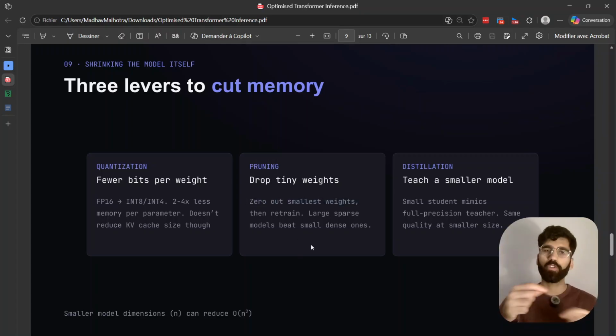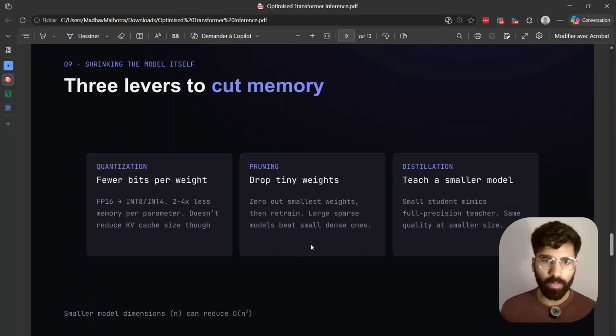They have very small contributions to the activations in the model, and we'll just drop them out. And then we'll update the model to work around this, then drop out some more and update more. We do this iteratively to figure out which activations and which weights actually matter the most, and we preserve those.